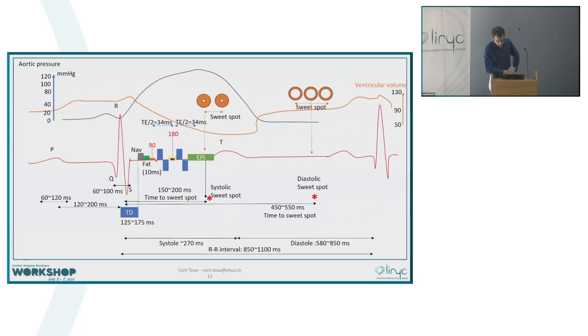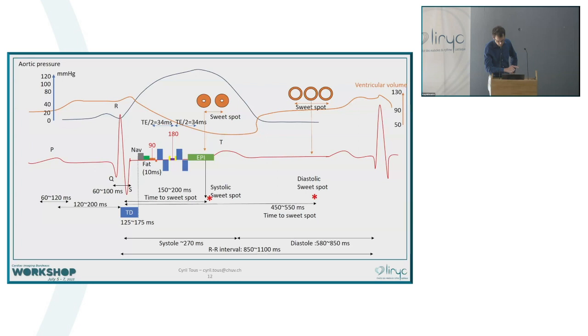In terms of sequence acquisition, as I said, this is a spin-echo sequence with EPI, and mostly we try to acquire what we call the sweet spot, where the strain is minimized, a little bit before the end of systole and diastole. You can also use trigger delays to acquire systole and diastole.